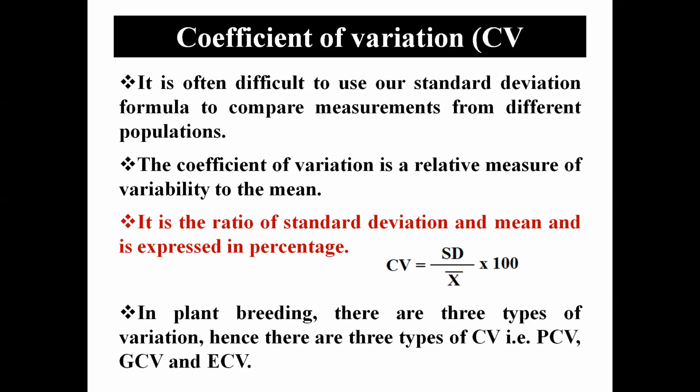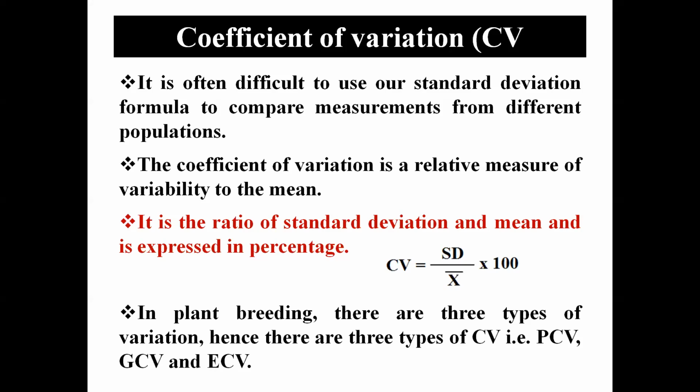Chlorophyll content is measured in milligram per gram fresh weight. Test weight is measured in gram. Germination is measured in percentage. So variables are in different units. So how can we compare different measurements? So there should be a unitless measure.